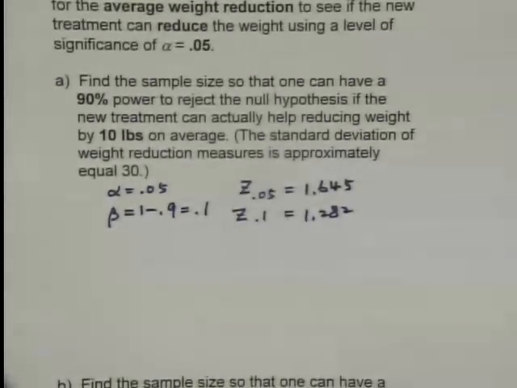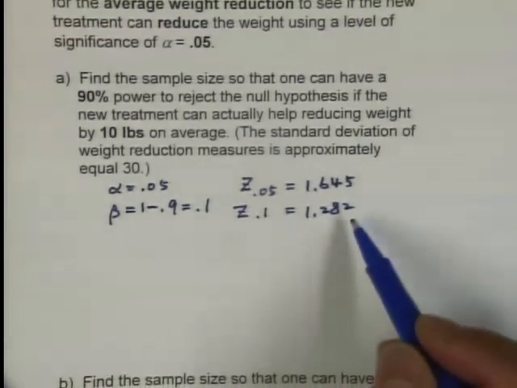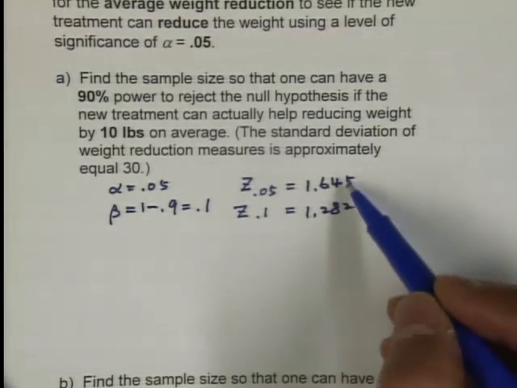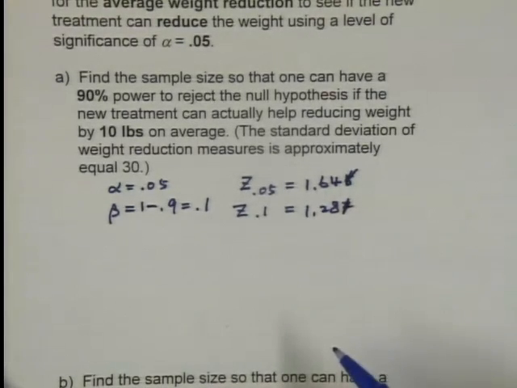I probably used software to give me a more precise number, or some tables actually give one more decimal place. But anyway, I got these Z-scores. If your table only gives you 2 digits, you can just use 2 digits if you want.